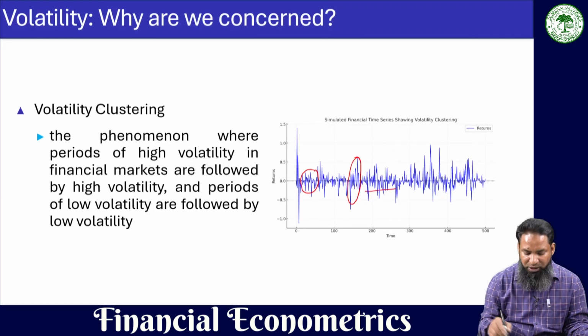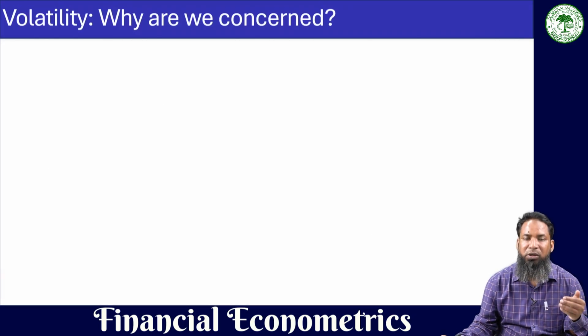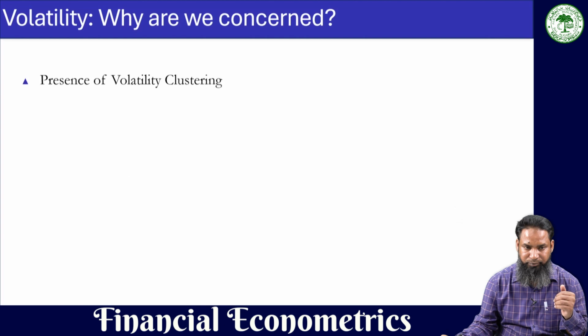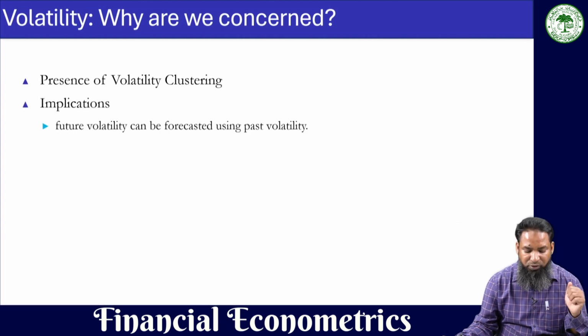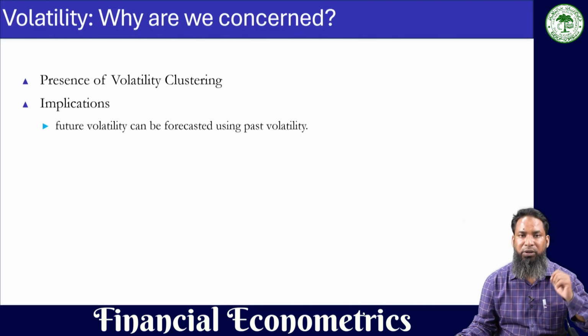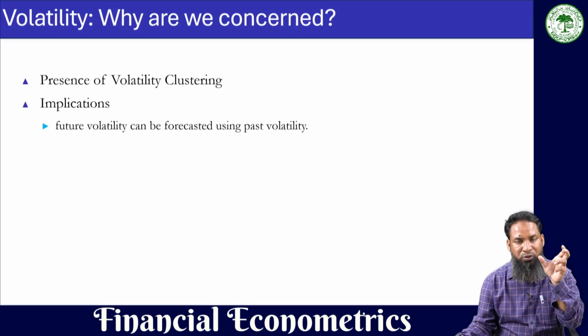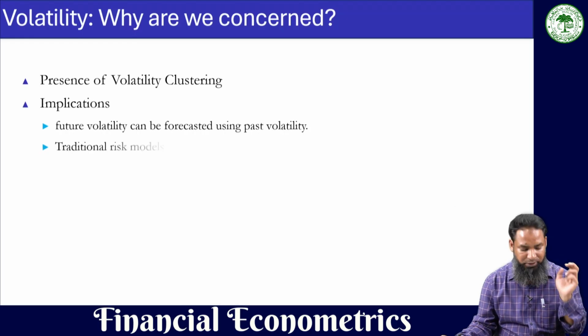If we have such behavior, then again it has certain implications which undermine the predictability of the linear models we have discussed. For example, future volatility can be forecasted using past volatility, because the relation shows that if there is high volatility, the future periods will be followed by high volatility. That means if we use the previous volatility, we can predict the future volatility.